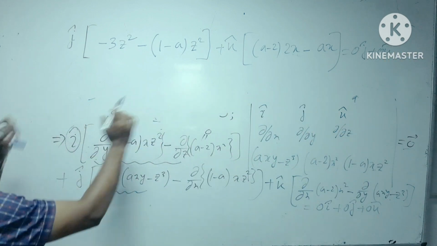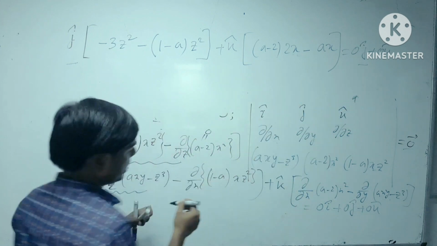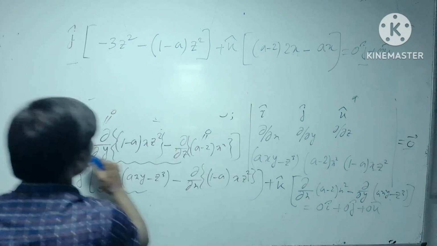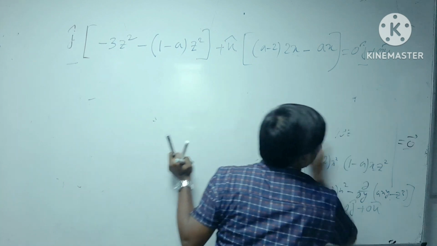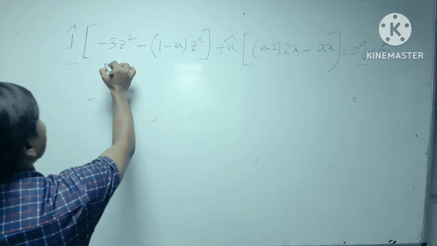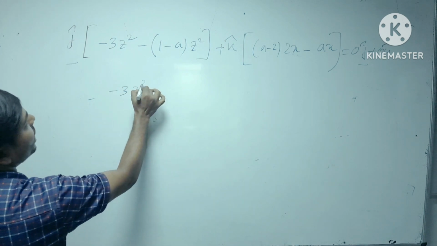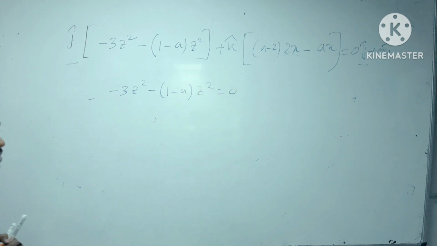Now equate the j cap term here and the k cap term separately. If you do either one, you will get the answer. Let's see if we get it. So let's equate. Minus 3z square minus 1 minus a z square is equal to 0, obviously.